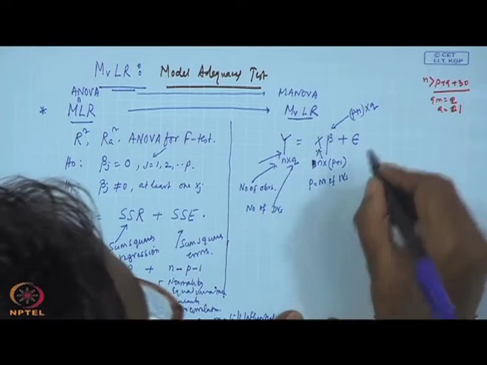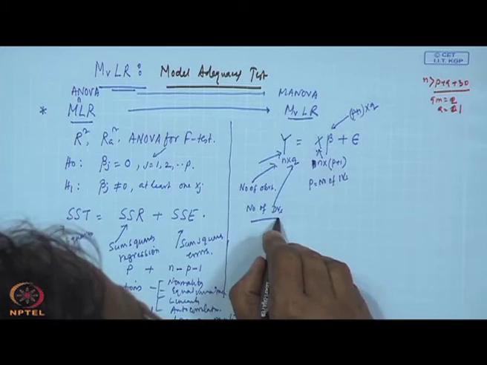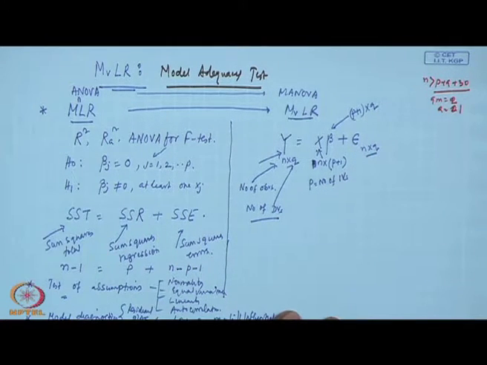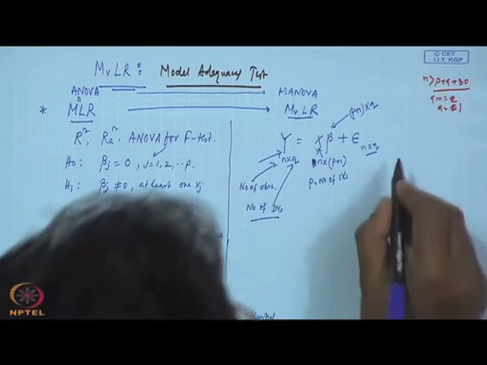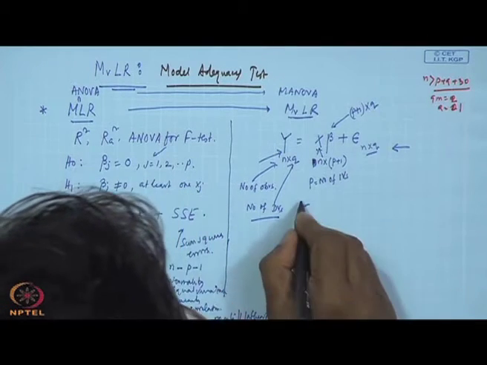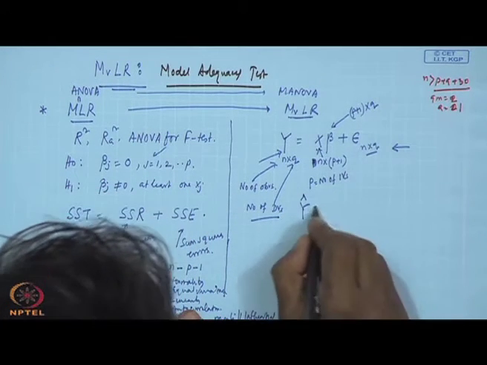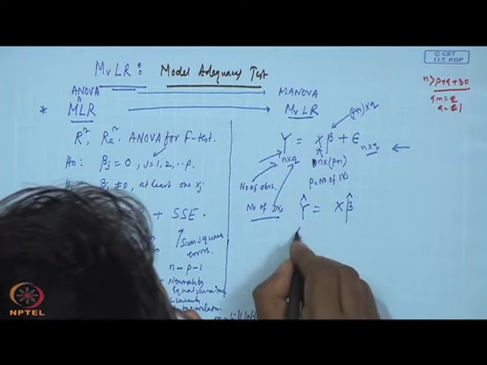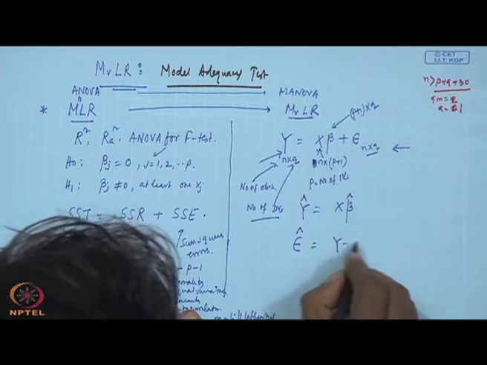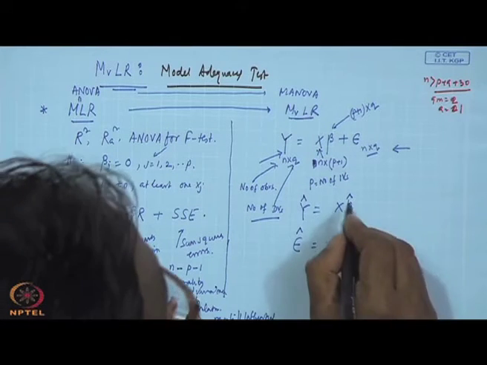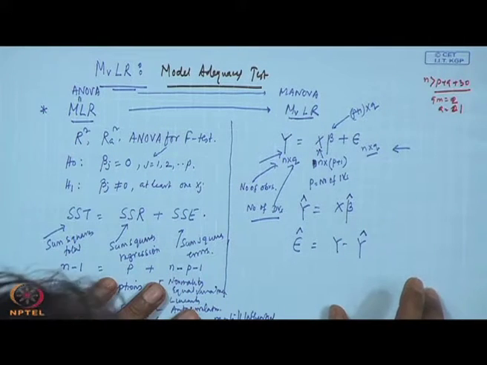Okay. Now, what is q? Q is the number of DVs, then epsilon is n cross q. So, this equation we will be using, and once you have the estimate Y cap, this is your X beta cap, and also we know that epsilon cap is Y minus Y cap. These are the few things we have discussed earlier, and these will be required.